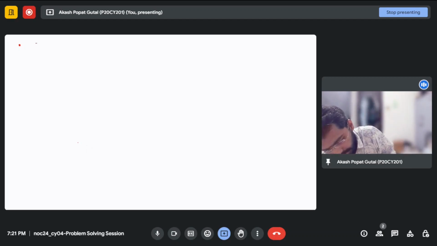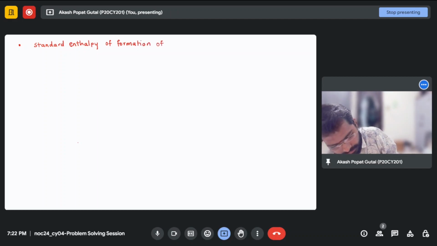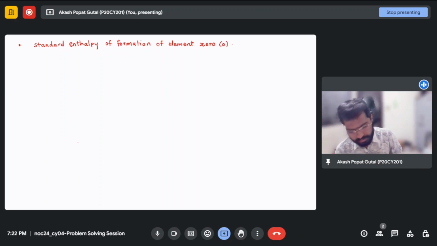The standard enthalpy of formation of an element in its natural form is zero, right? In the sense, suppose we have nitrogen.